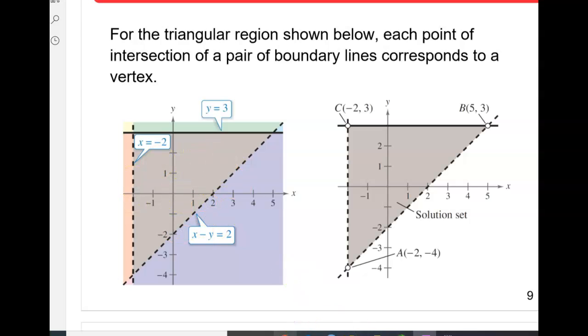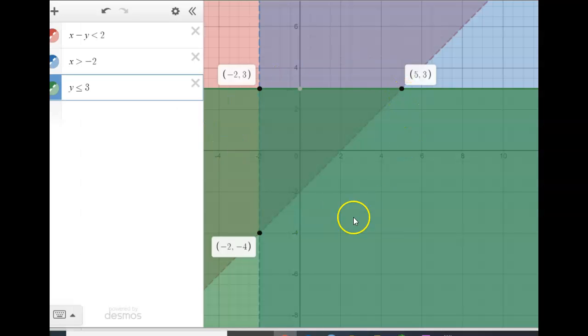So feel free to use Desmos to first get your solution system. You could check it by hand or do it by hand, check it with Desmos, whatever you prefer. And in this case, if I'm answering this question on WebAssign, I will only shade the area where all the colors intersect.